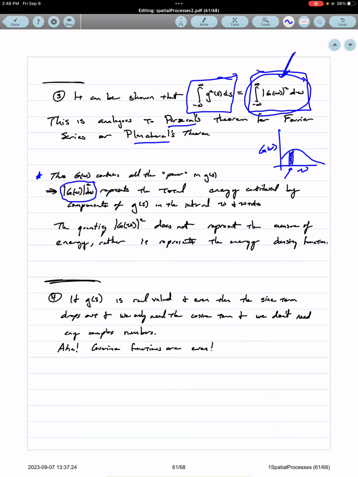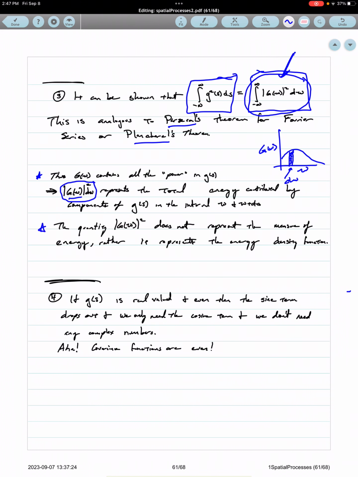The absolute value of G of omega squared, you may be thinking, hey, why do I need that absolute value? Of course we need that because we're talking about a complex number. So to get this, we would take the complex number times its complex conjugate. But if this becomes really small, this becomes a d omega. We're talking about the energy reflected at a particular frequency.